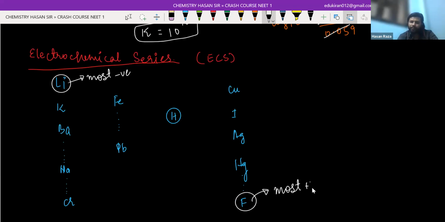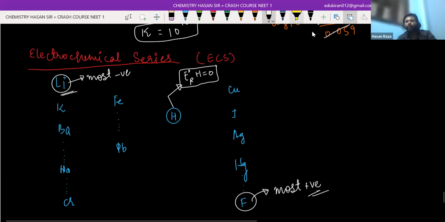Hydrogen is the reference, as the electrode potential of different elements is calculated with reference to hydrogen. And here the value of E naught R for hydrogen is 0.